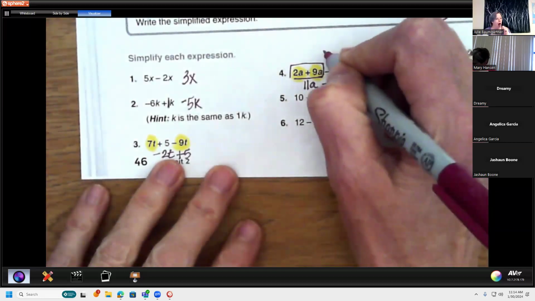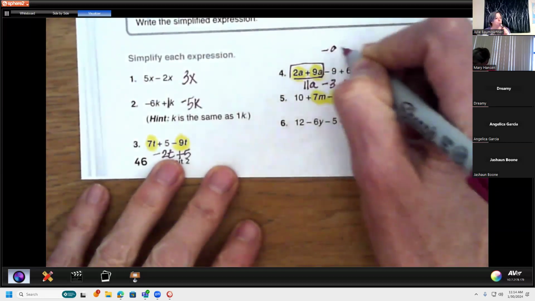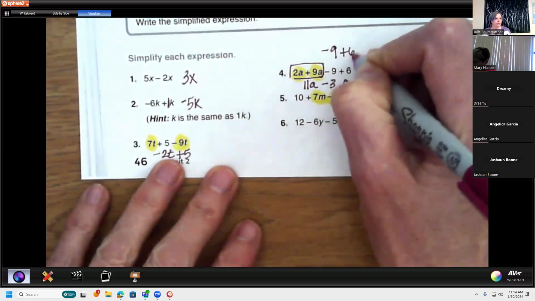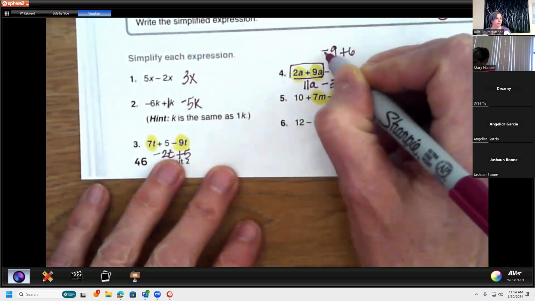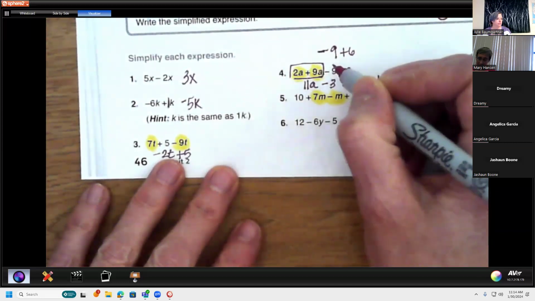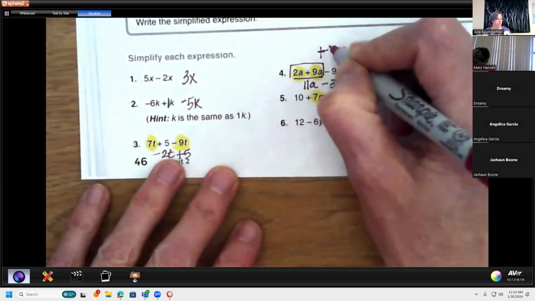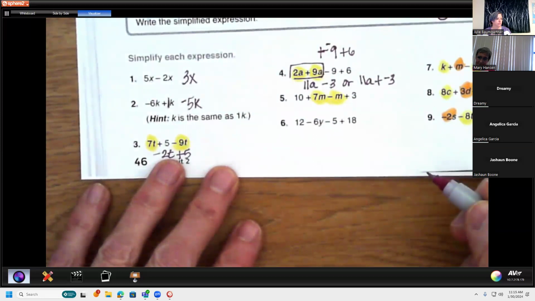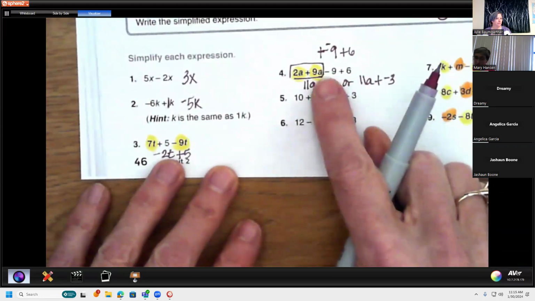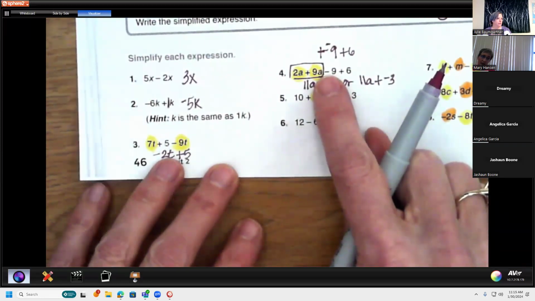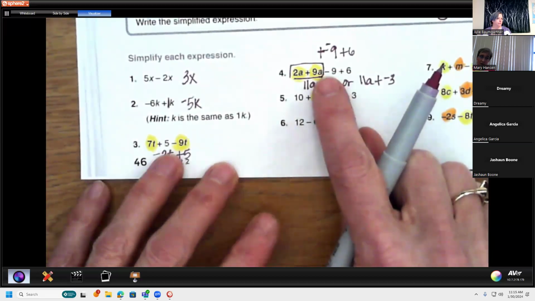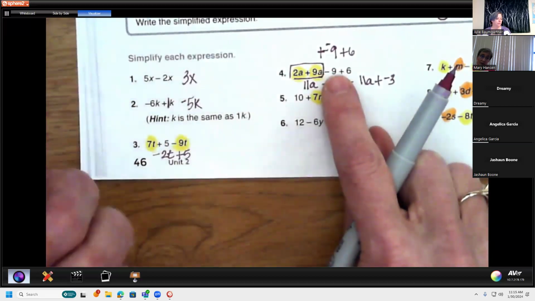Okay, well, if I have this -9 plus 6, you can think of that as subtraction. And if you can think of that as subtraction, that's the same as adding a negative. And so that subtract 9, you can write add a -9, or you can just say, well, that's equivalent to -9.